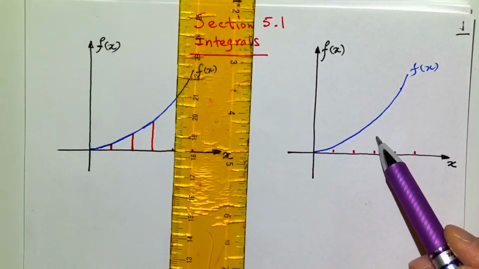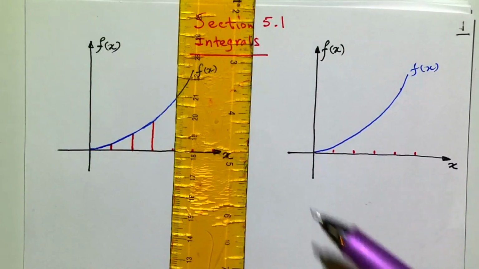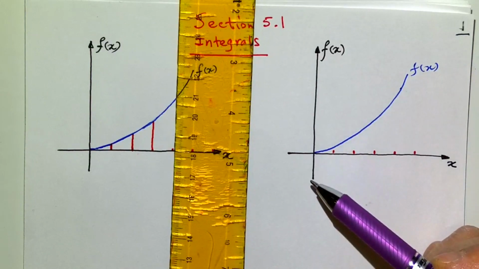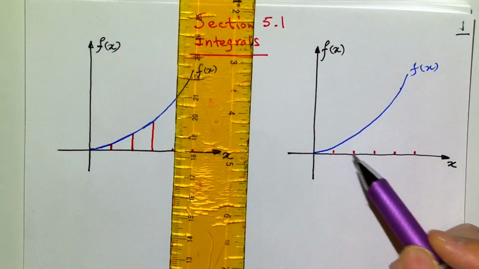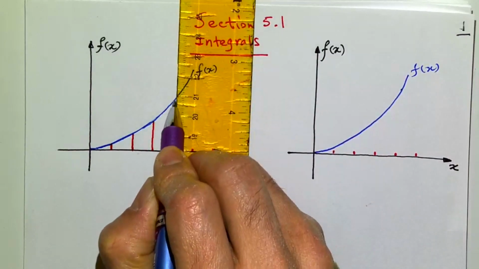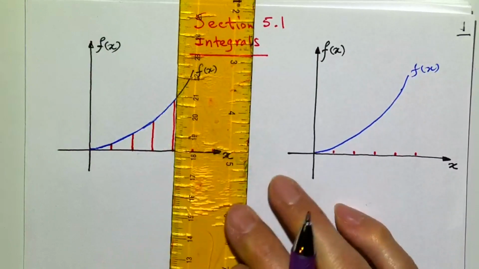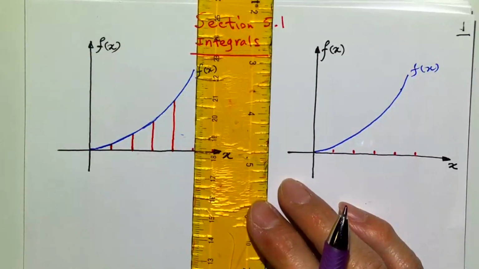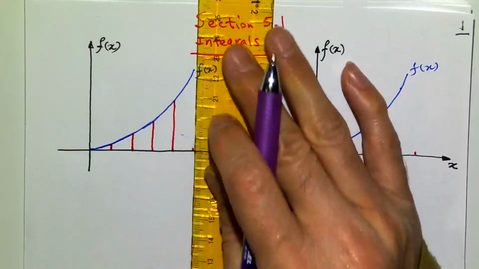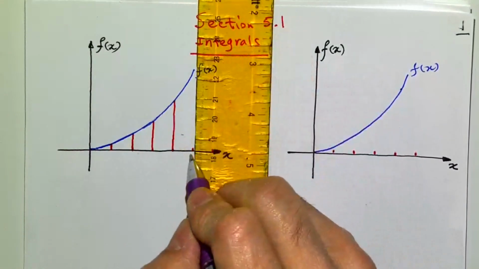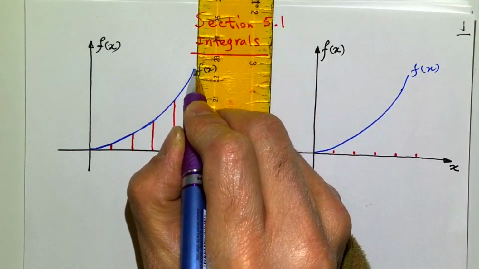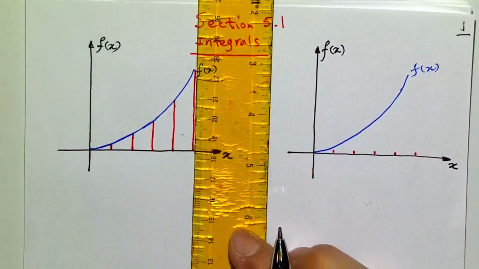For this figure, I'm going to make sure that the left corner point of each rectangle's height is on the curve. And those two ways of approaching the calculation of the area under the curve will produce different errors in our calculations, and then we will use that to talk about the Riemann sum, which aims to reduce that error.